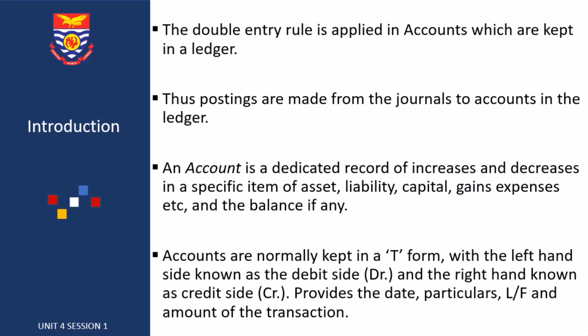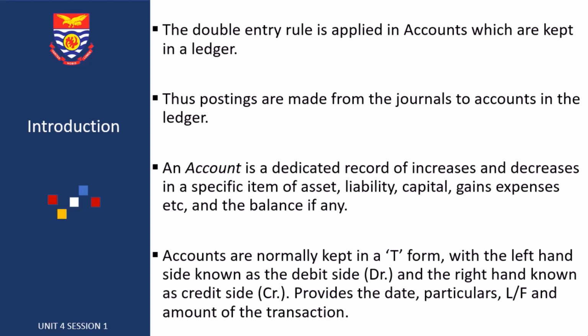An account is a dedicated record of increases and decreases in specific items of assets, liability, capital, gains, expenses, etc., and the balance, if any. Accounts are normally kept in a T form, with the left-hand side known as the debit and the right-hand side known as the credit.